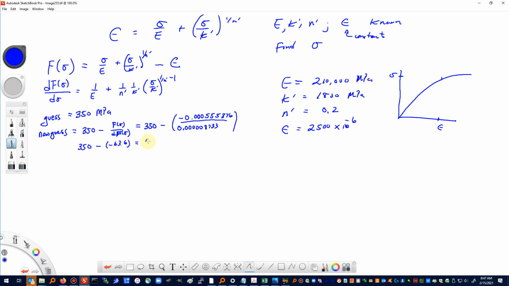Okay, so this turns out to be 413.6 megapascals. Well, is that good enough? I don't know until I do one more calculation at least. So I'm going to make another new guess, and it's going to be 413.6 minus 413.6 divided by the modulus of elasticity.